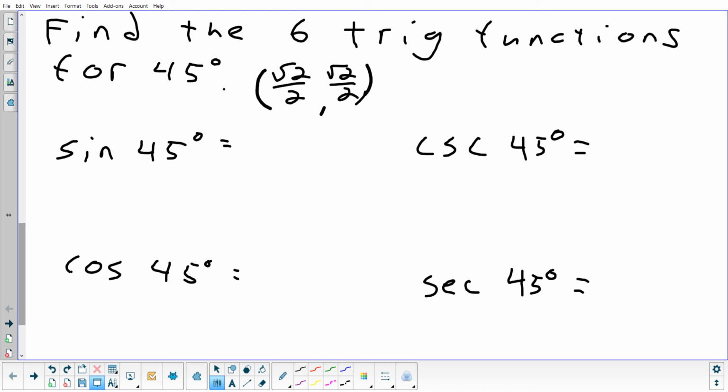What would my sine be? Which one did you pick, the x or the y? X, that's the cosine value.